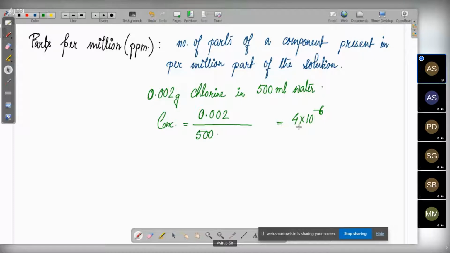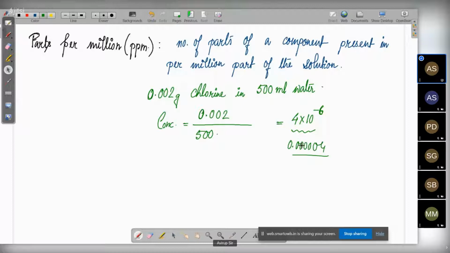The problem is this value is very small. It is basically 0.000004. It is quite difficult to work with such a small value that has so many decimal places. We all like to work with simple whole numbers.